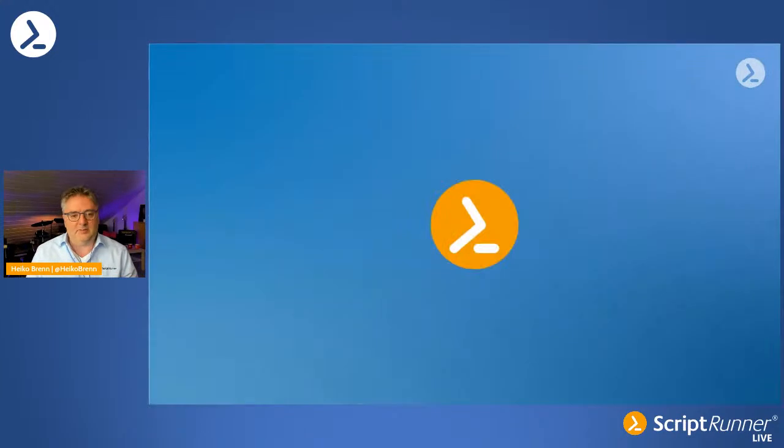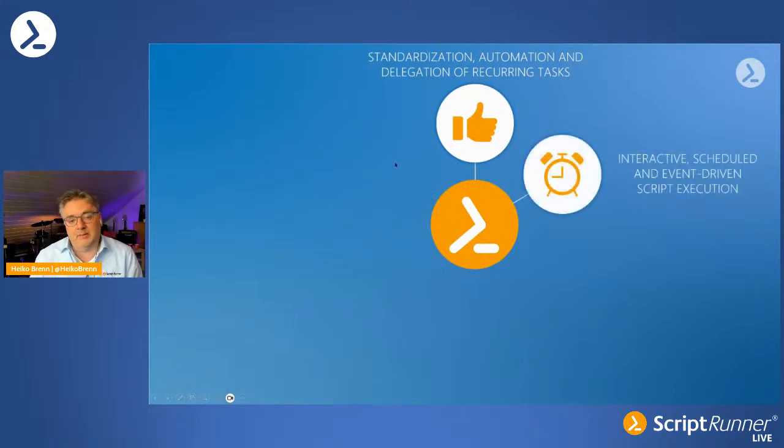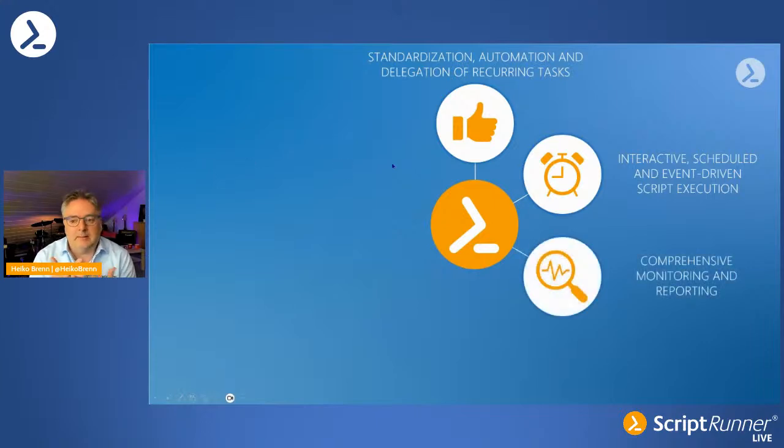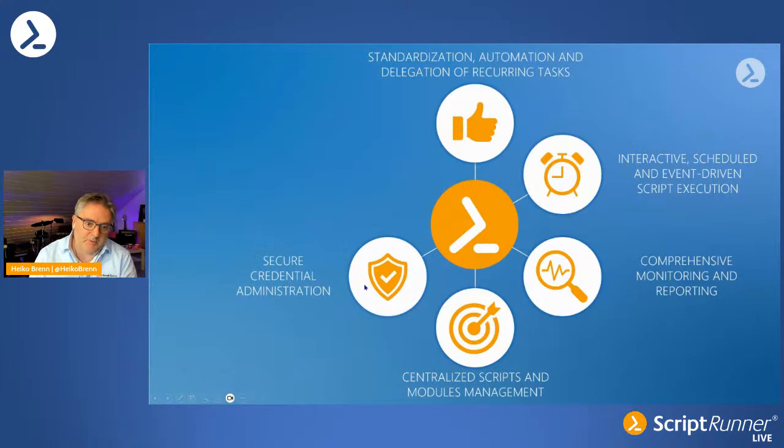In summary, when it comes to using ScriptRunner with PowerShell, in our case today with VMware, it enables you to standardize, automate and delegate all kinds of recurring tasks as long as they're built on PowerShell. Then you can trigger them in these three different ways we looked at: interactive for delegation, scheduled and event-driven. You have all the information in the monitoring, so you know what happened. You centralize all your scripts and modules management, in our case the PowerCLI module.